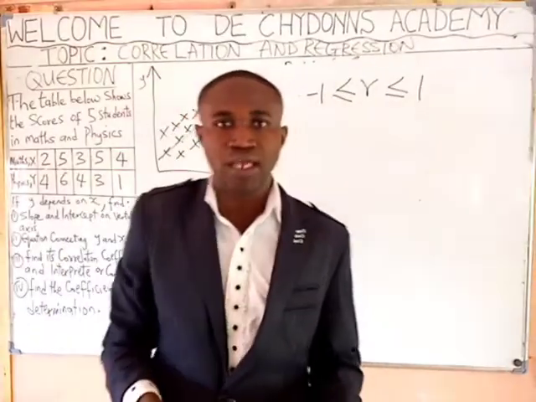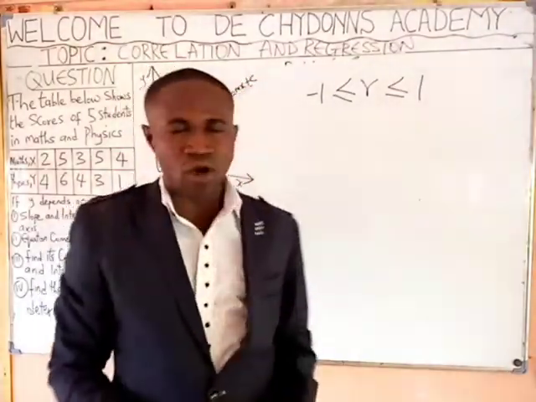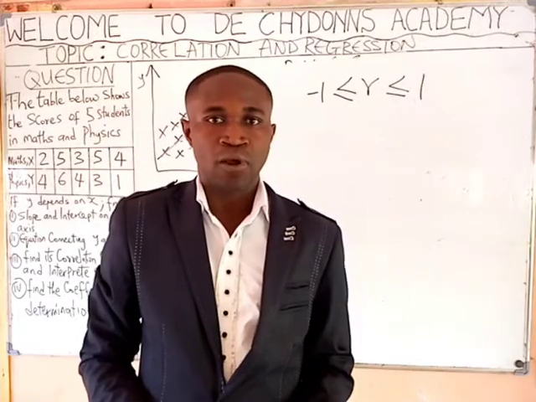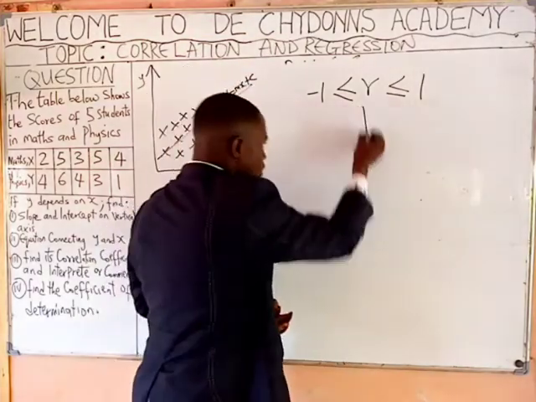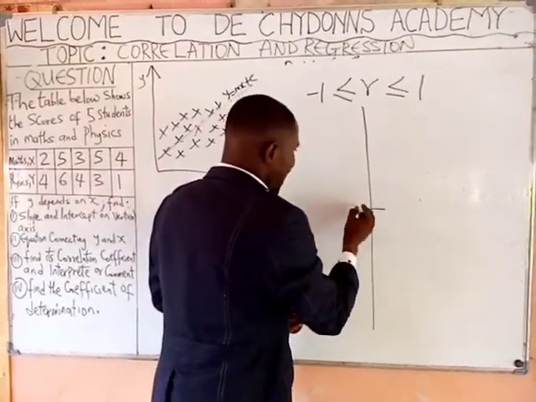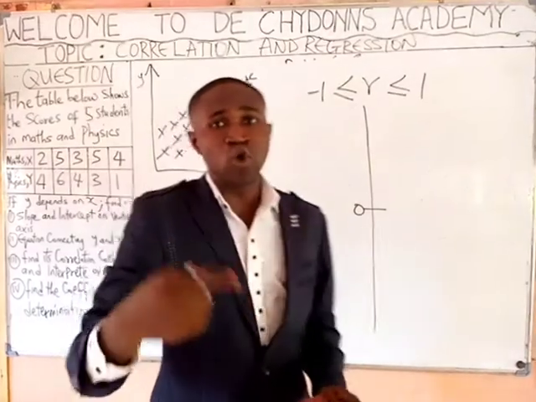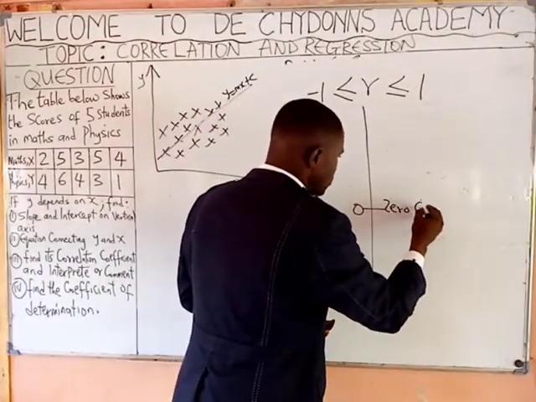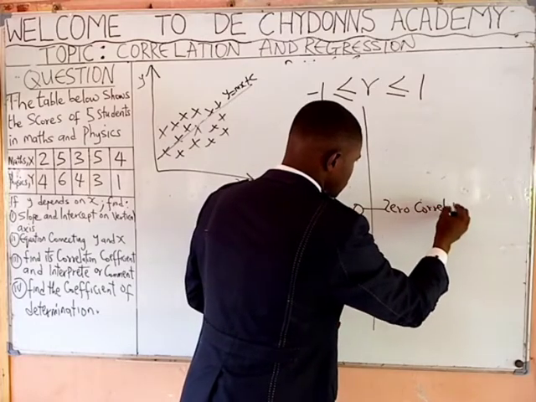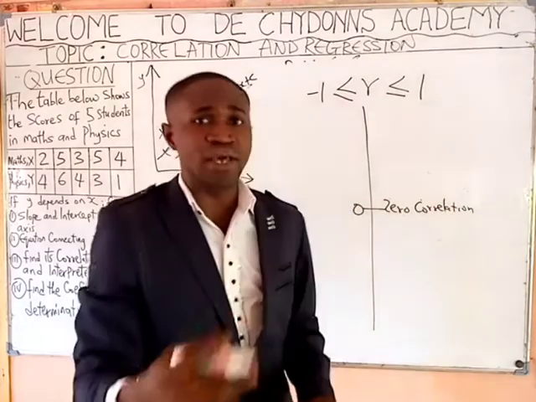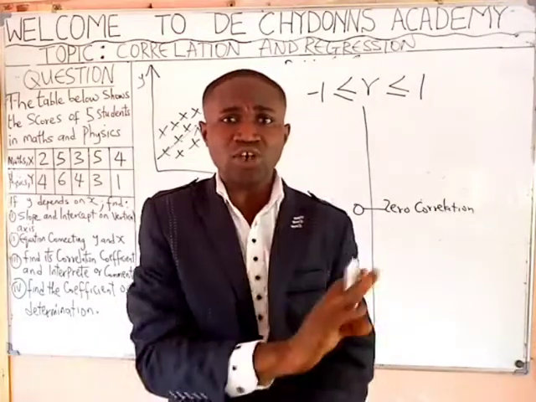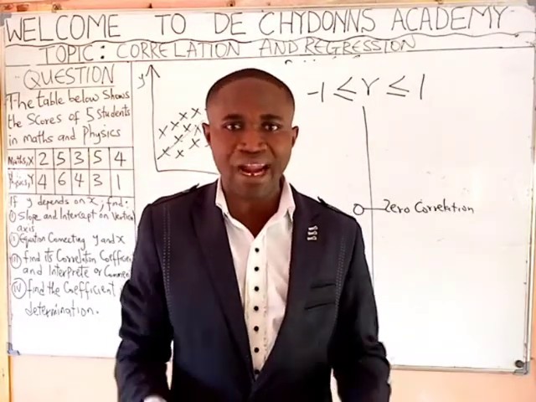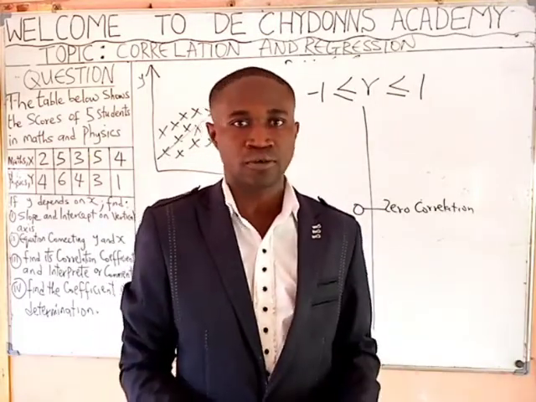These are the two limits of this correlation coefficient. That is to say, when it is 0, it is zero correlation. Zero correlation simply means there is no relationship between the two variables we are talking about.